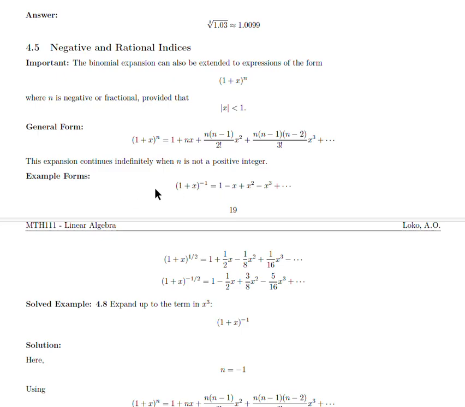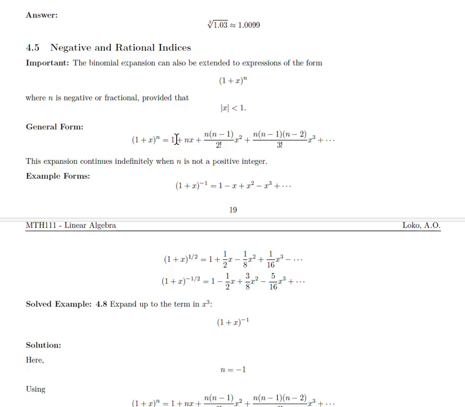So, for example, when we have (1 plus x) raised to power minus 1, n is minus 1 in this case, so all the n we're having here, we'll substitute minus 1 for them, and x remains x.